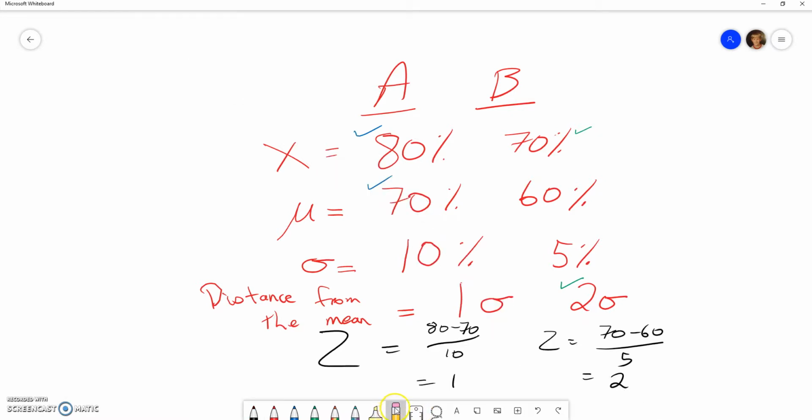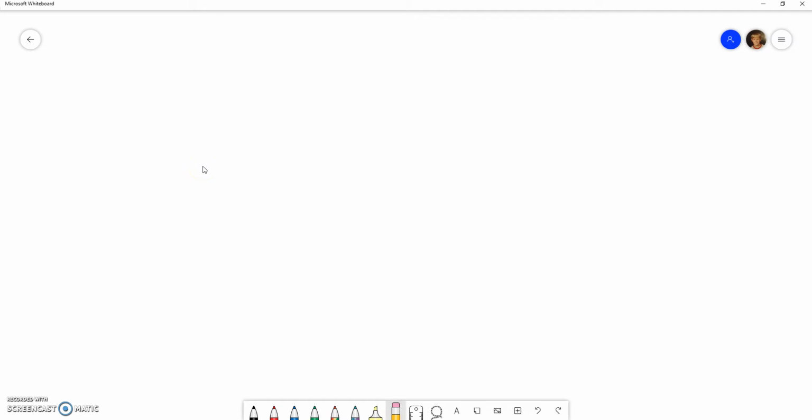Oops. So let's go erase this and calculate a z value. Step 1 is to calculate a z value. Z equals x minus the average divided by the standard deviation.